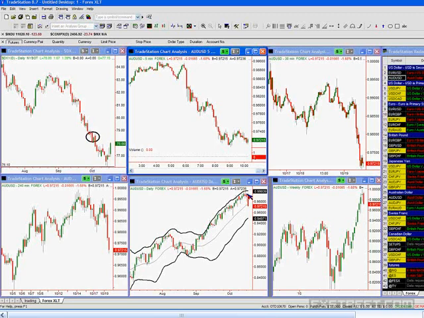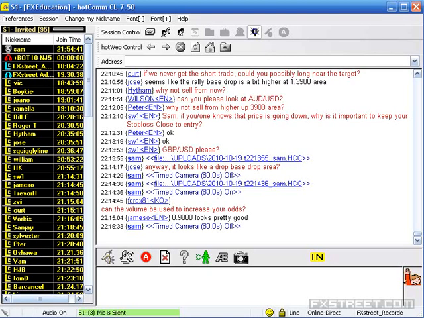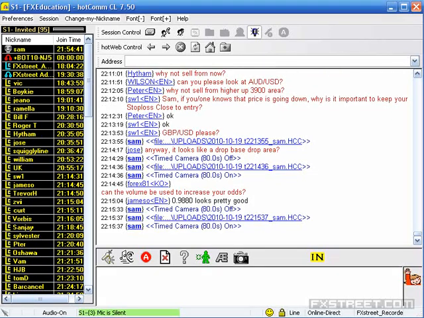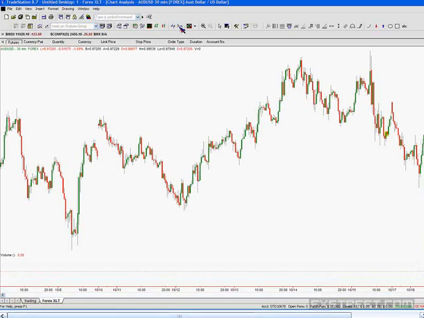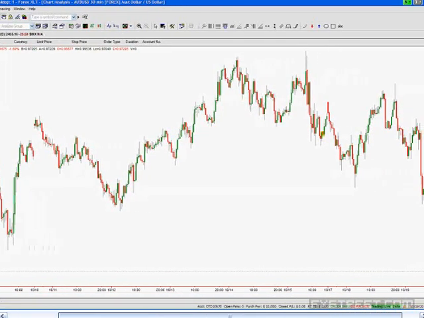If we come down to smaller time frames, we've got a couple areas of interest. Let me blow up this 30-minute chart here. Just a second, I'll set it up for you. Okay, here we go. So there's the 30-minute chart. Let's just blow this up.